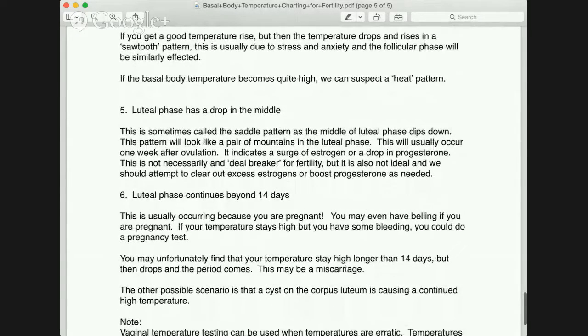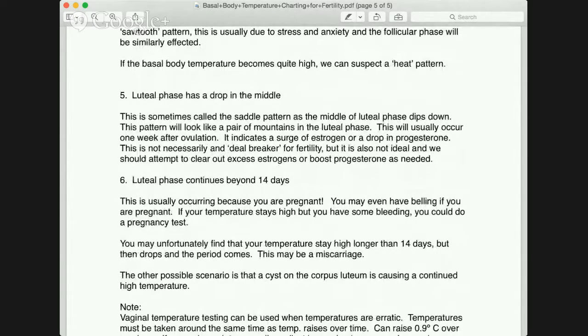Another pattern is what they call a saddle pattern, where maybe the temperature comes up, but then it dips back down like a seat and then rises up again. This will usually occur a week after ovulation, they're saying. So it could be a surge of estrogen or a drop in progesterone. There's an imbalance here. The estrogen should be dropping and the progesterone should be nice and strong.